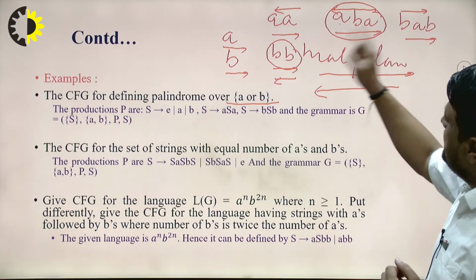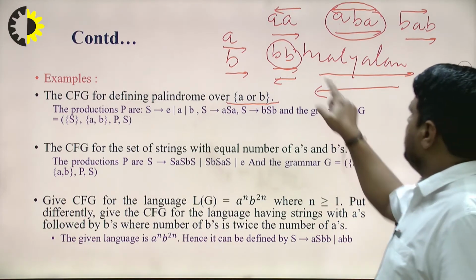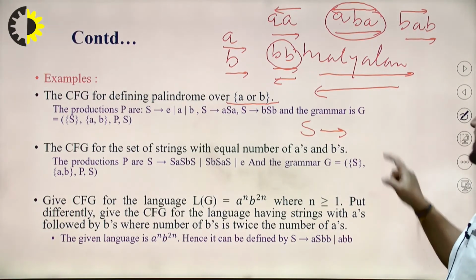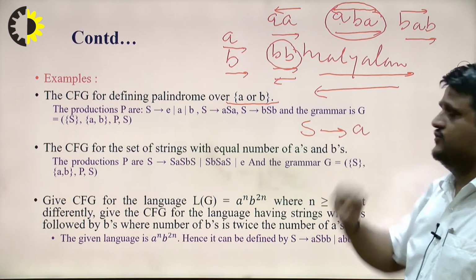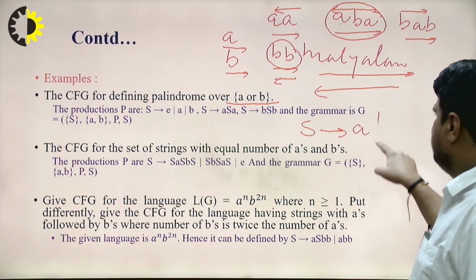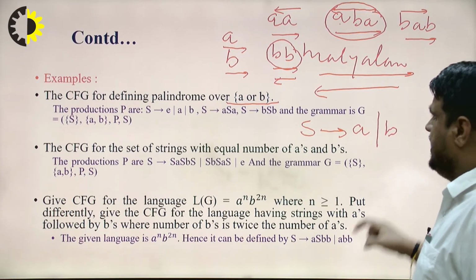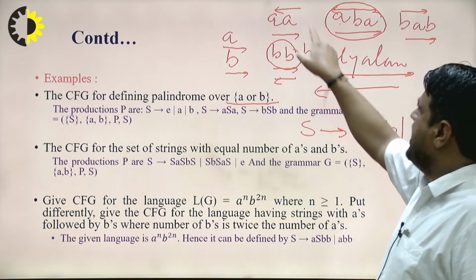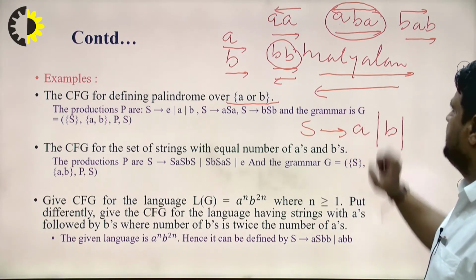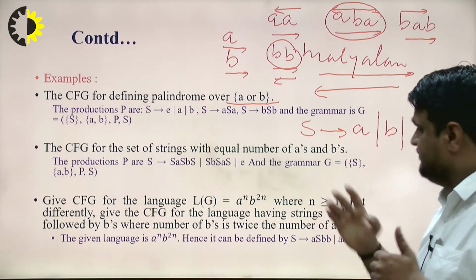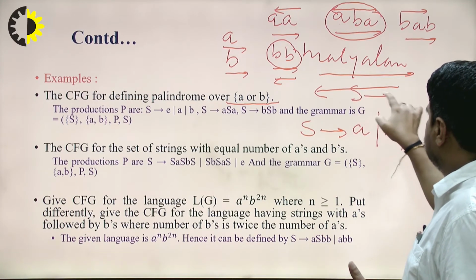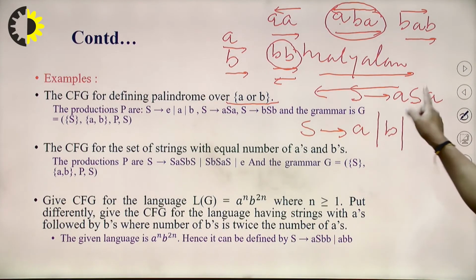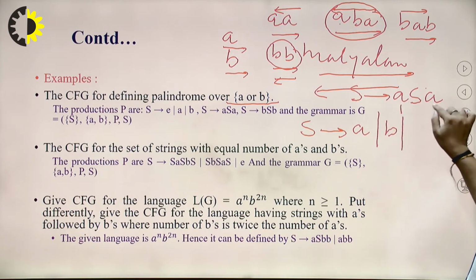So if you write down the productions, what will be the productions? S is the starting symbol of the grammar, so S tends to A, if you want to generate only A. If you want to generate B, it will be B. If you want to generate an even length palindrome, what will the productions be? S tends to ASA, meaning the two A's will be the same.